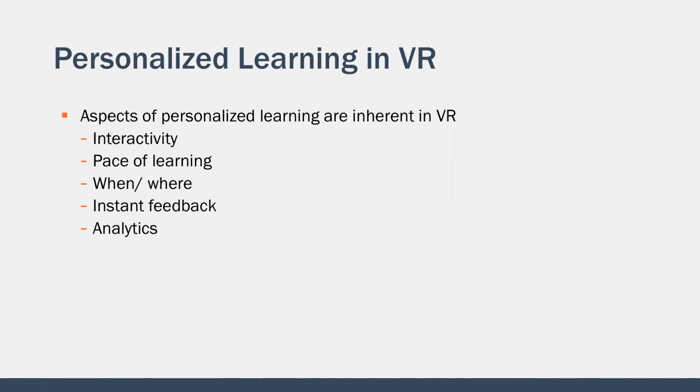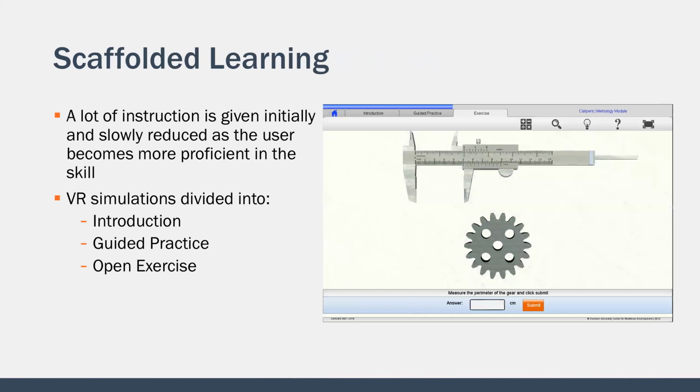And most of our CA2VES simulations are desktop based. And again, they receive instant feedback. They don't have to wait for an instructor to grade them. And we can also collect analytics on how well users are performing the tasks. And we can then generate profiles that will guide the user through the appropriate content.